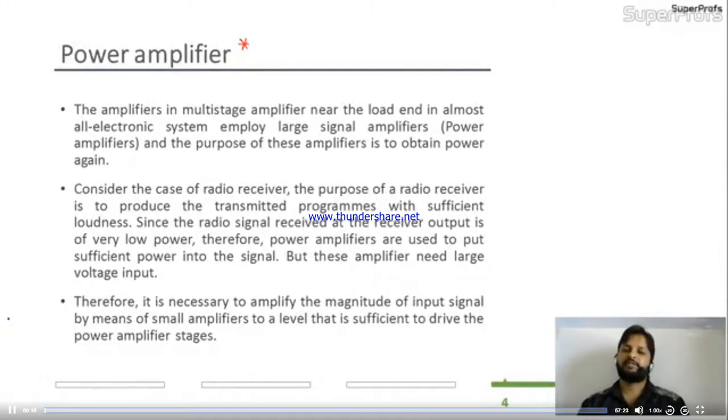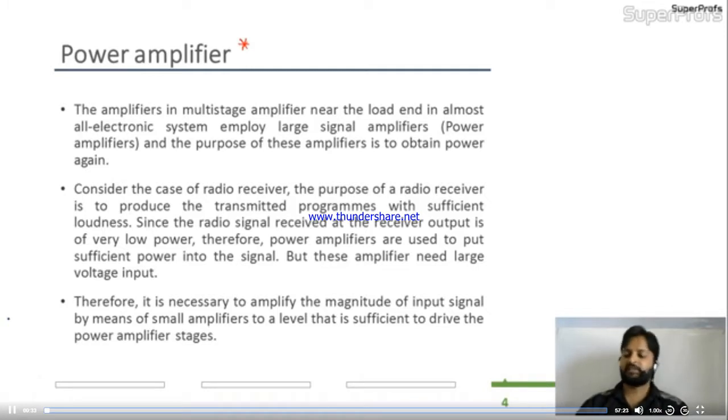In the oscillators we have seen 5 oscillators, right? Out of 5, 3 were using for the low frequency and 2 were using for the high frequency. For the low frequency, RC phase shift, 3-phase oscillator and Wien bridge oscillator, right? For the very high frequency, we are using Colpitts and Hartley. Okay.